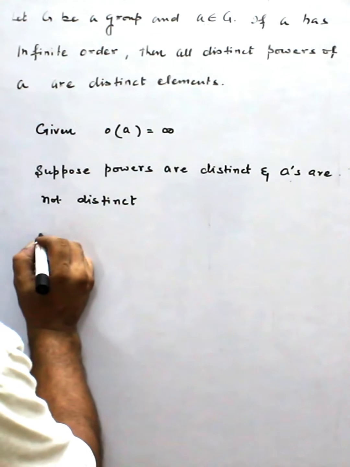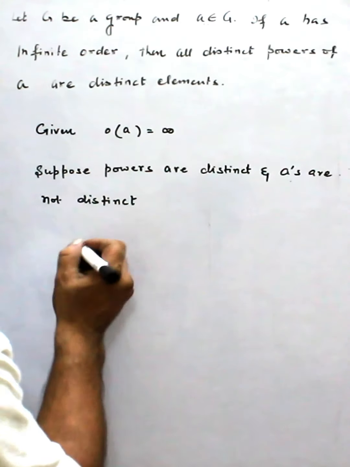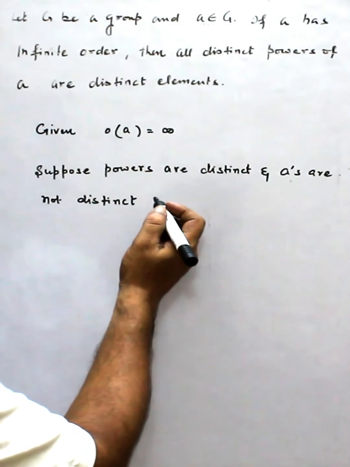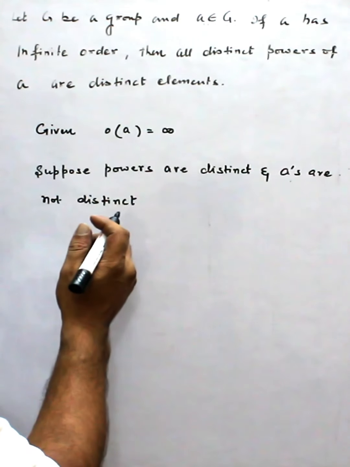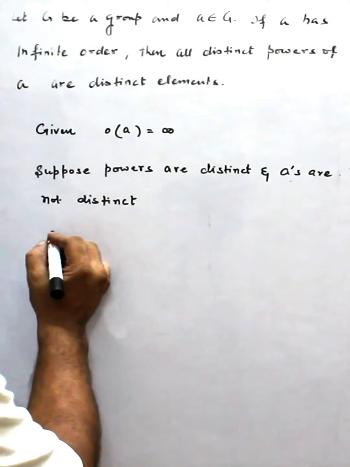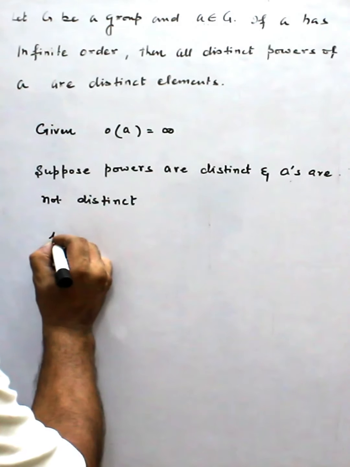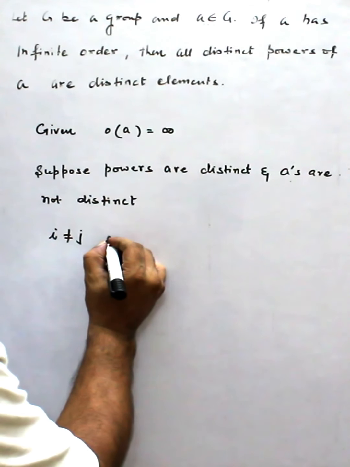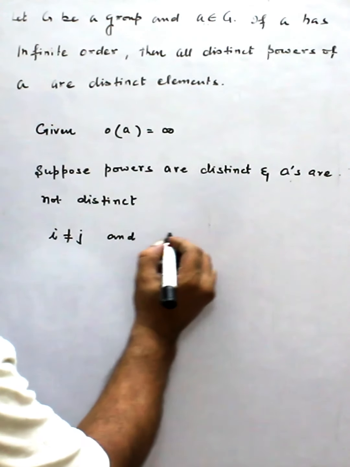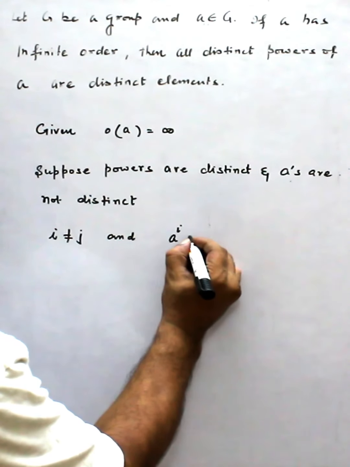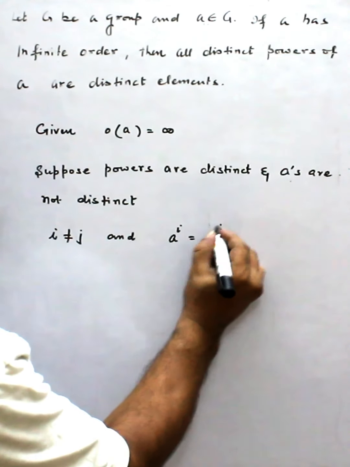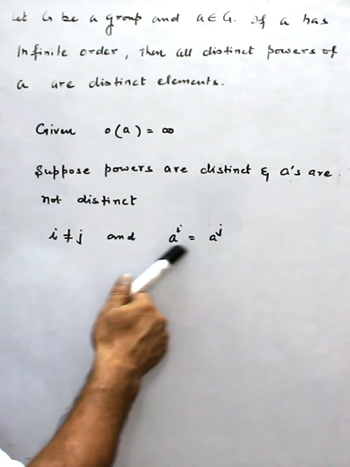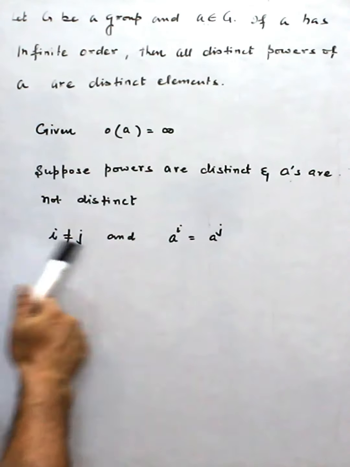That means, if I and J are powers and they are distinct, right? That means if we suppose I not equal to J and A raised to I equal to A raised to J, that means we are supposing the numbers are not distinct and the powers are distinct.